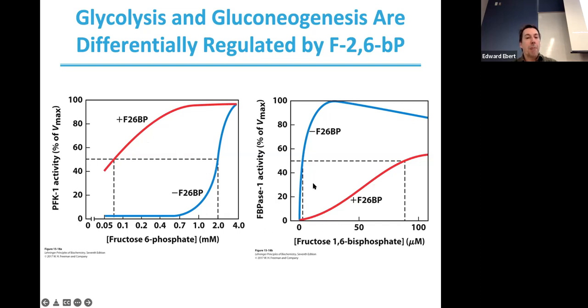So opposite things are happening. As we add F2,6BP in here, we increase this one, we decrease this one. As we take it away, we slow this one down, we turn this one on. It's almost like an on-off switch here, because you see there's almost no activity, and then at very low concentration of F2,6BP, bam, we get 100% activity.